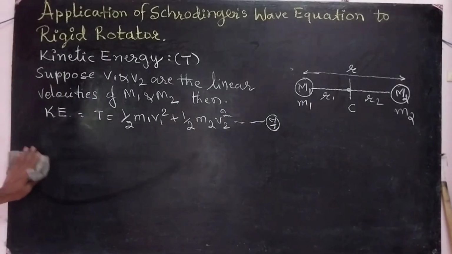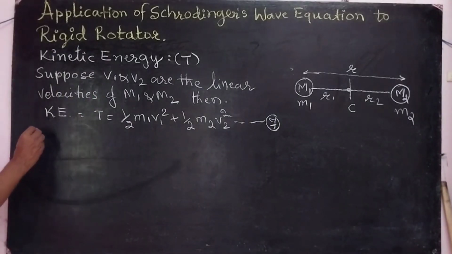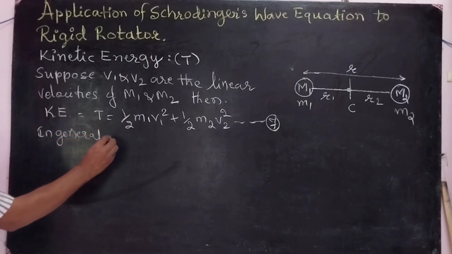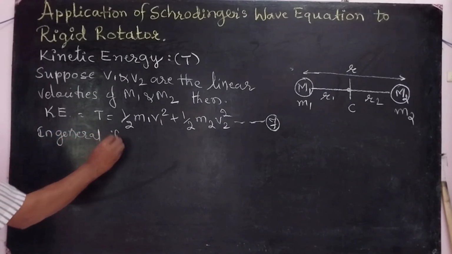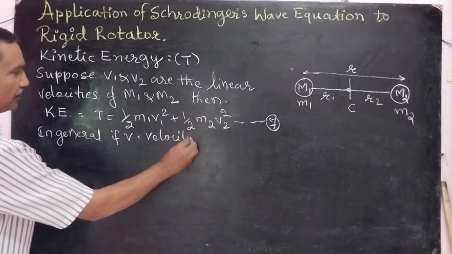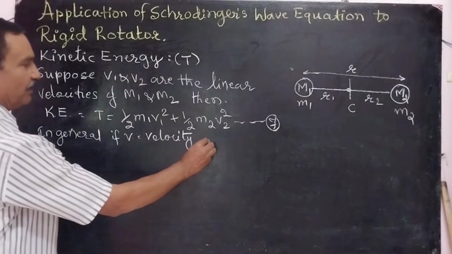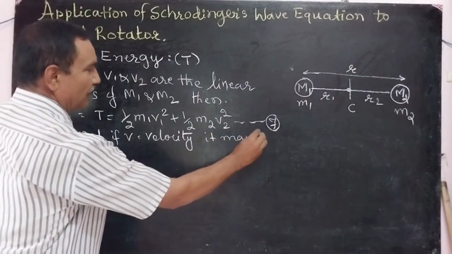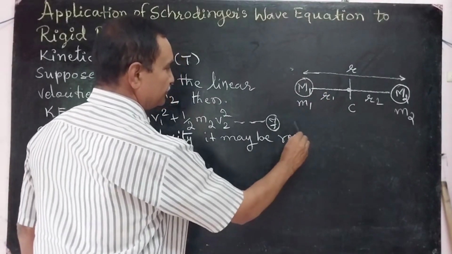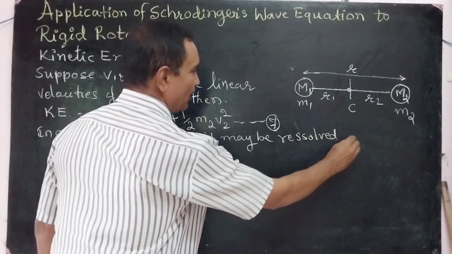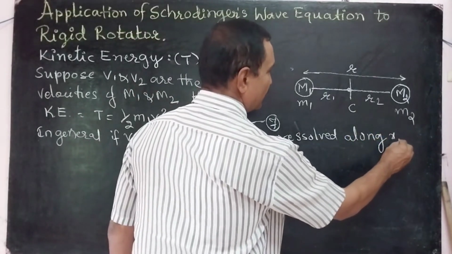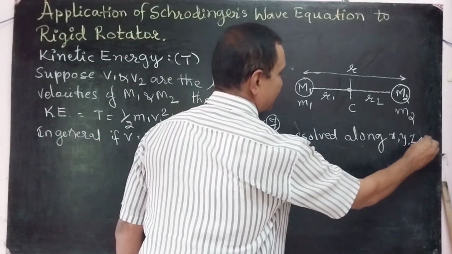In general, if v is the velocity, it may be resolved along the x, y, z axes.